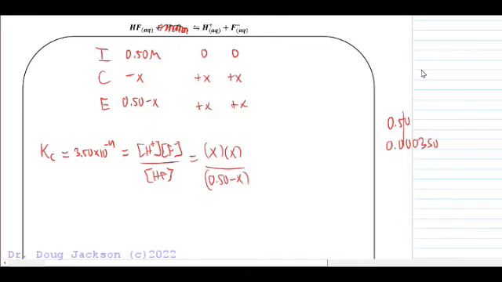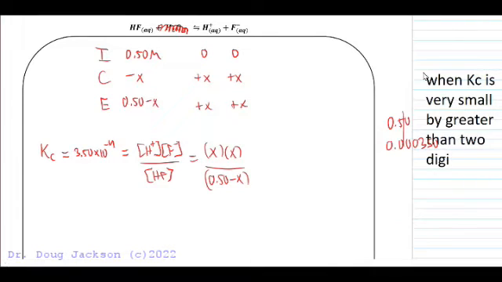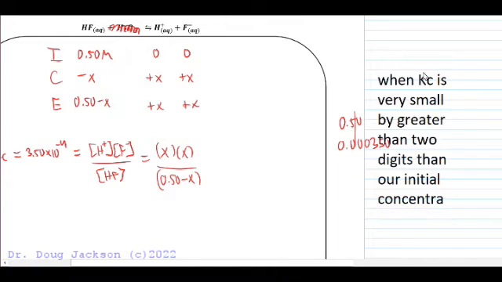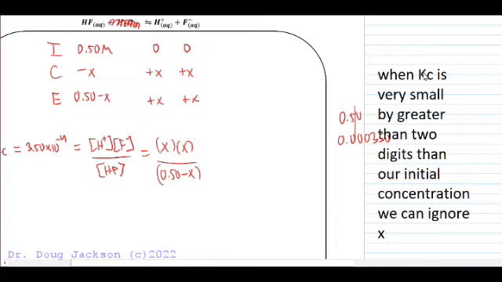And so when we're saying here, when Kc is very small, smaller by greater than 2 digits than our initial concentration, we can ignore X. Because X is going to be very small relative to 0.5 as well.